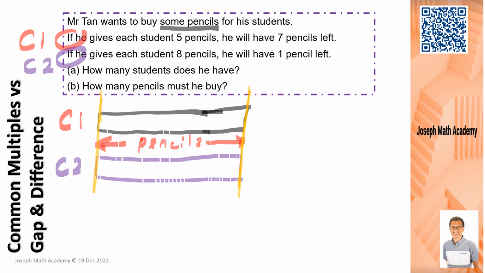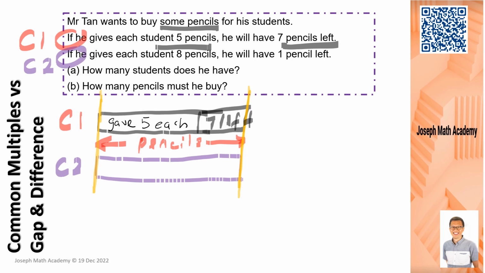Now, if he gives each student 5 pencils, and he would have 7 left. So let's say I pretend that this is the 7 left, and then all these are given away, 5 each.